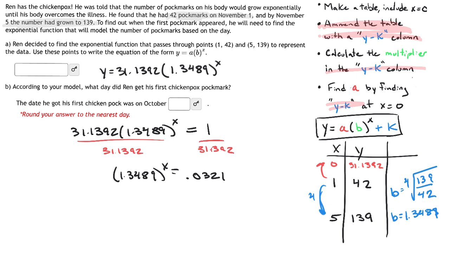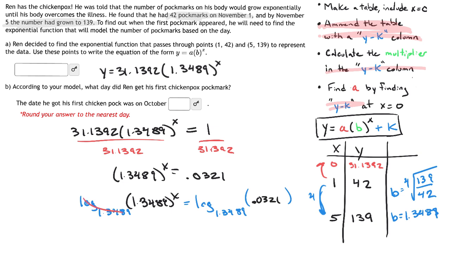Use your graphing calculator to use your exact values as long as possible. So you're going to do log base 1.3489 of both sides, right? So you're going to do the log with that base that we found, of both sides here. And that's how we solve this algebraically. So that's going to be log base 1.3489 of 1.3489 to the x, and this is going to be log base 1.3489 of 0.0321.